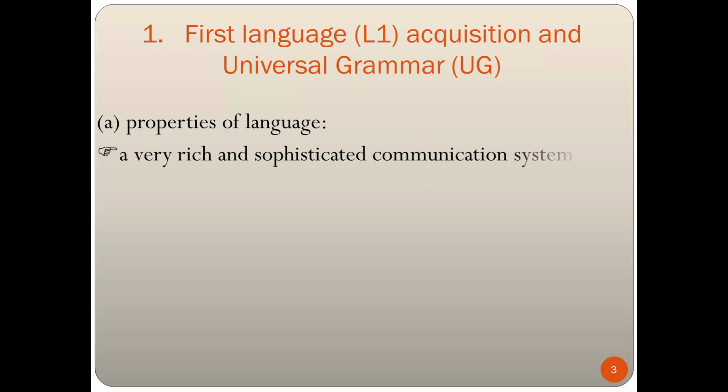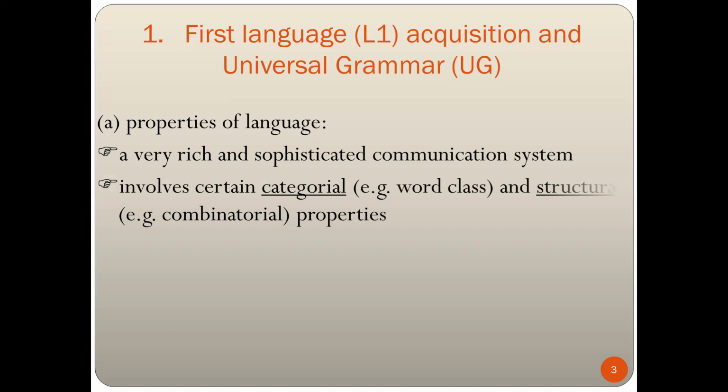And what we know about language as a type of competence and as a skill is that it involves a very rich and sophisticated communication system, and that it has a number of really complex and intricate properties.